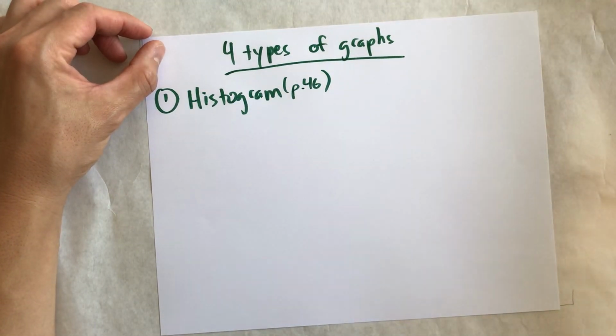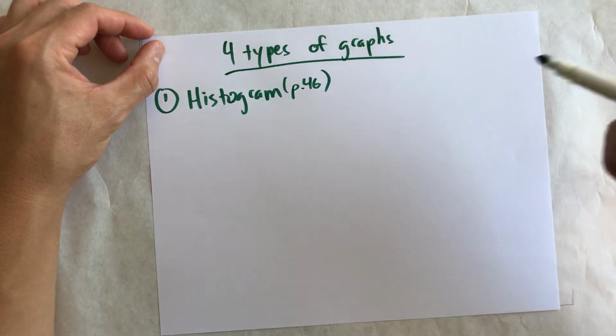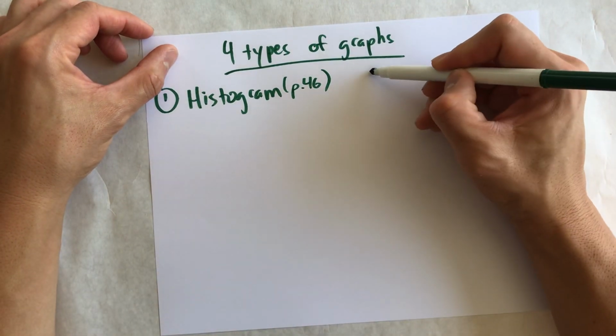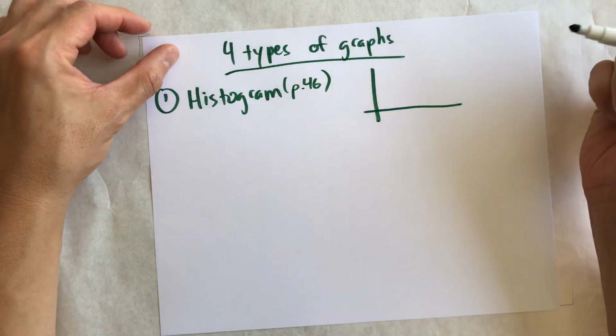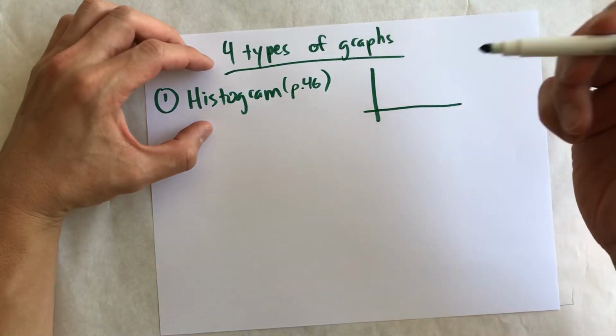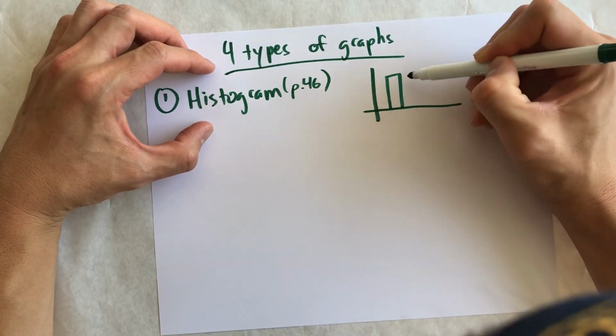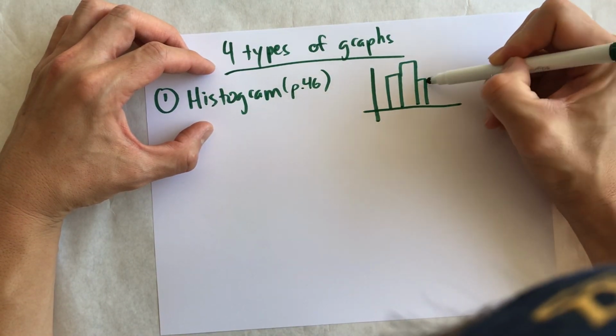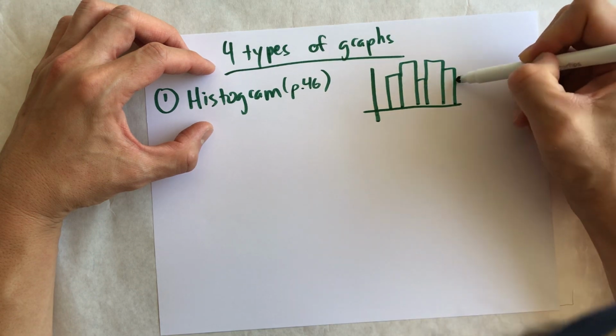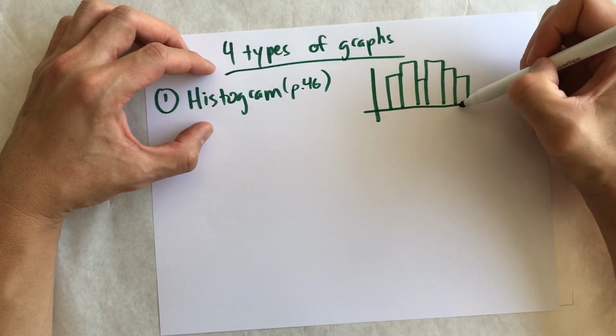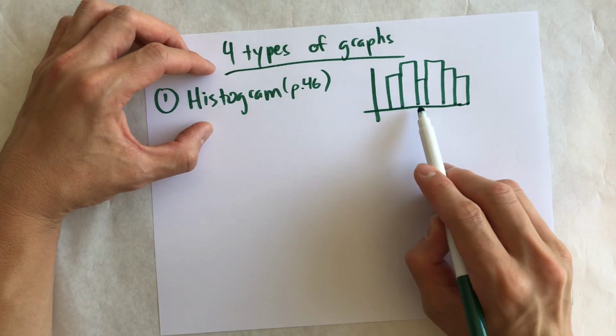Remember, I'm just following along with what's in the textbook. One of the characteristics of a histogram is that it's kind of like a bar graph. I think you've all dealt with bar graphs before. And it has these bars. However, one of the main differences is that these bars are smushed together. Okay? There are no gaps in between the bars.